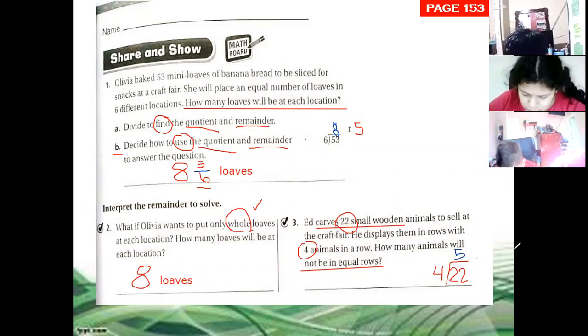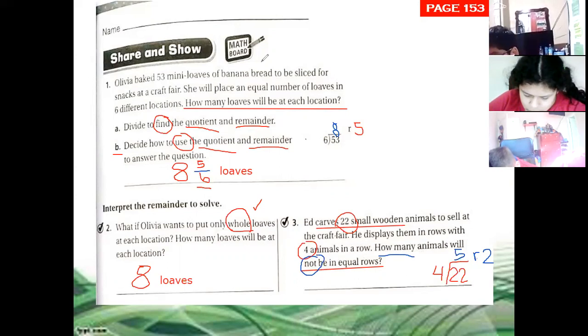So we cannot use 6. Remainder. 4 times 5 equals 20. 22 minus 20. Remainder 2.